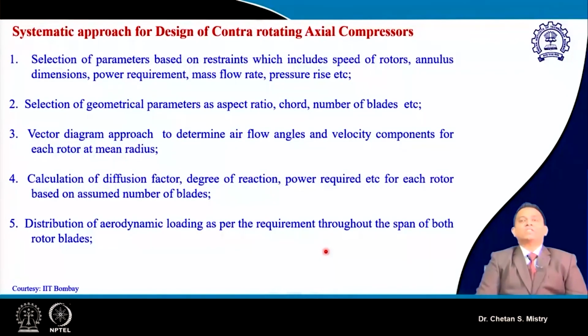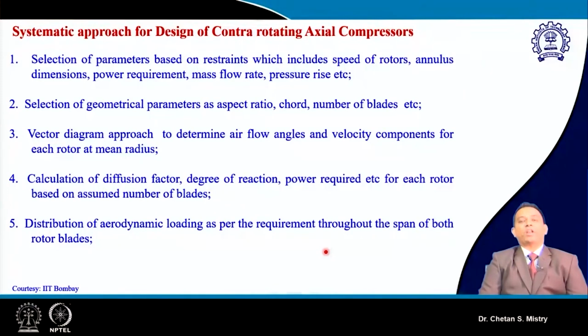Now, these are the systematic approaches opted for the design. Based on the restraints we have, we have opted for speed, annulus dimension, power requirement, mass flow rate and pressure rise. And we will see what the global parameters for the design are.